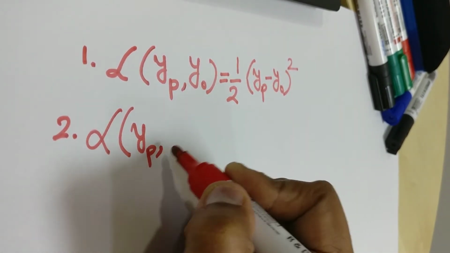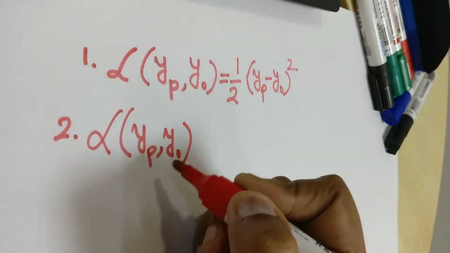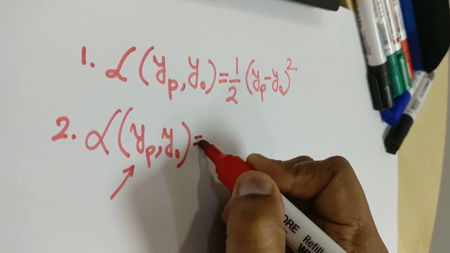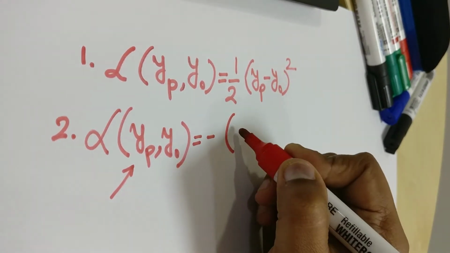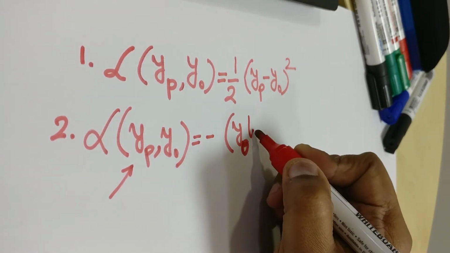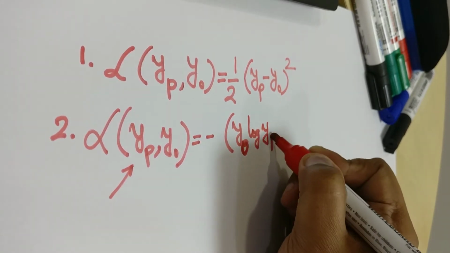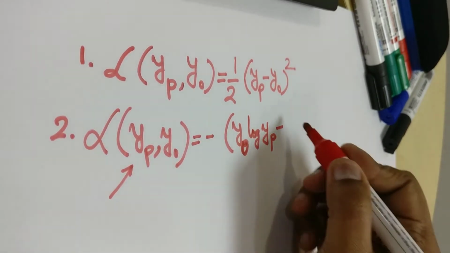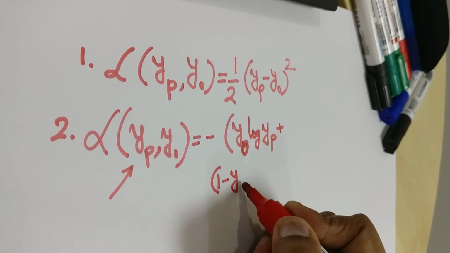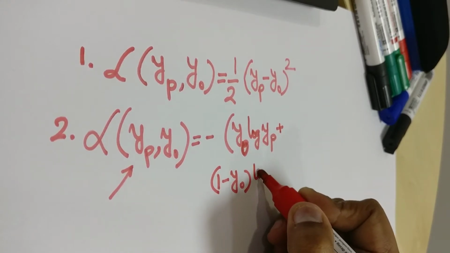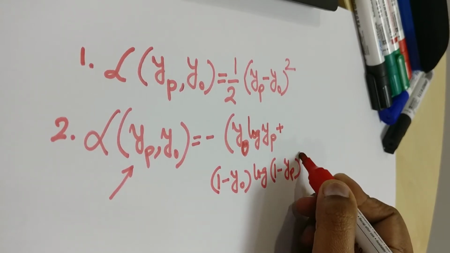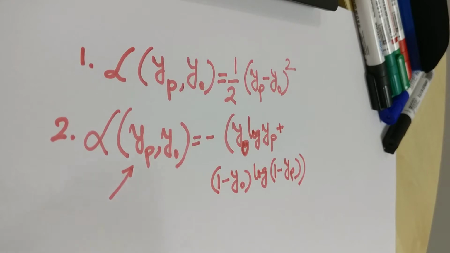So it's again yp, because our main intention is to be able to find out the yp as correctly as possible, and it is given by the negative of y original log of y predicted, minus, I can convert that as plus, 1 minus y original times log of 1 minus y predicted, right? So you must be quite familiar with this too.